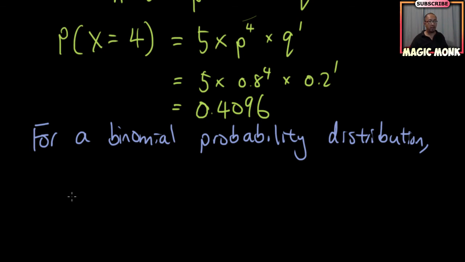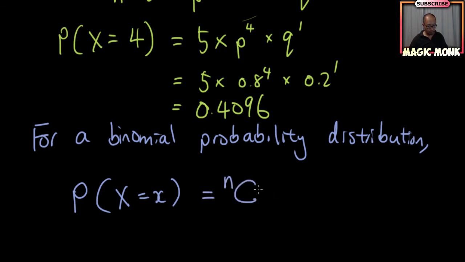For a binomial probability distribution, the probability of getting X successes is equal to NCX times P to the power of X times Q to the power of N minus X.